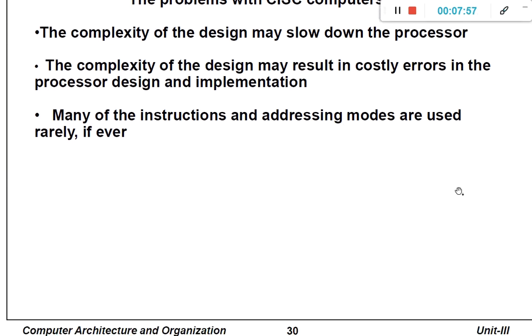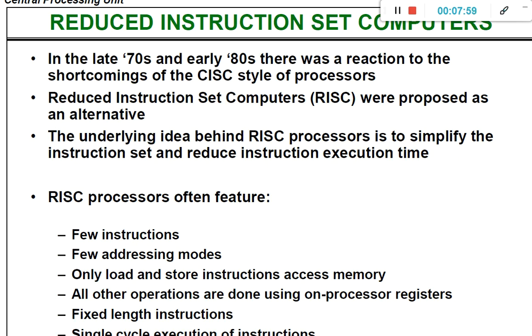To avoid these drawbacks, we define the reduced instruction set computers, RISC. In the late 70s, that is after 1970 and before 1980, to reduce the shortcomings of the CISC style of processors, the RISC type of computers were introduced, which have a very small instruction set.